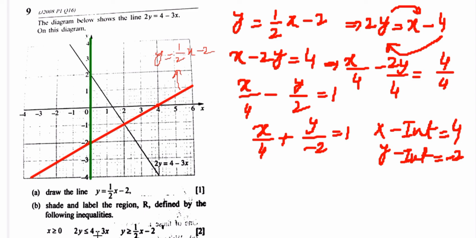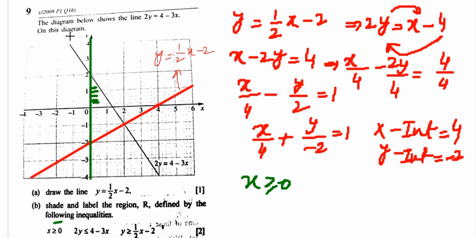Now we need to find numbers that are on the right side of x is equal to 0. X greater than or equal to 0 means all those numbers which are on the right side of x is equal to 0. So this represents x greater than or equal to 0 here. 2y less than 4 minus 3x means to say numbers below this line.